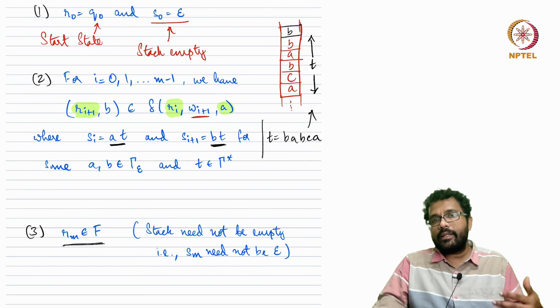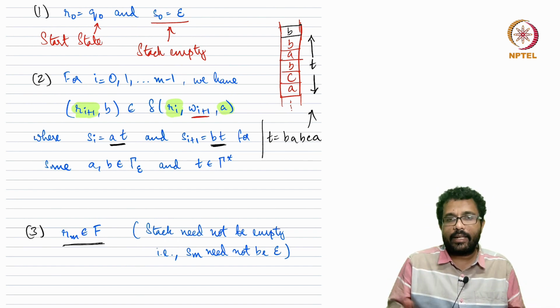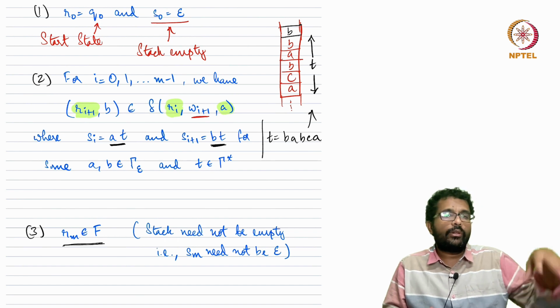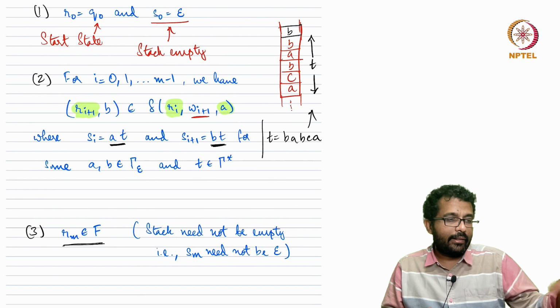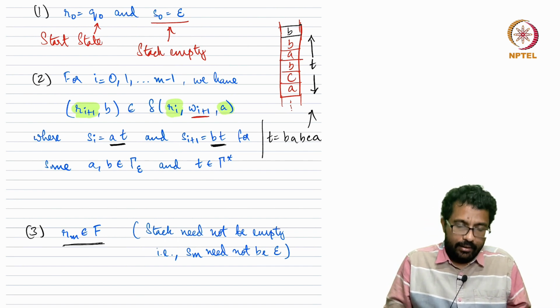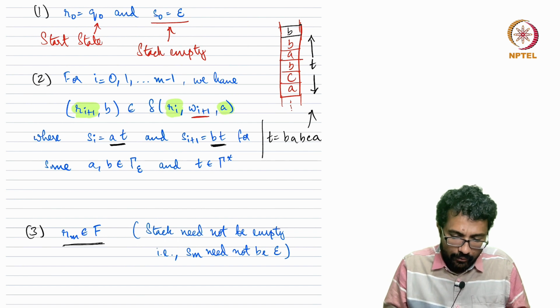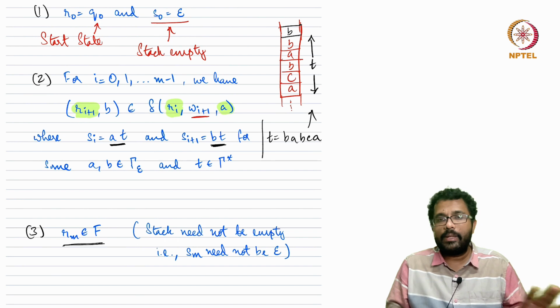So one may wonder whether we want something with respect to the stack. One may think that if you have a lot of content in the stack, but at the end the stack is not emptied, do we still accept the string? The answer is, when we accept the string, the stack need not be emptied. It is completely fine.